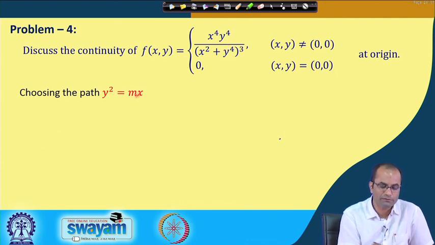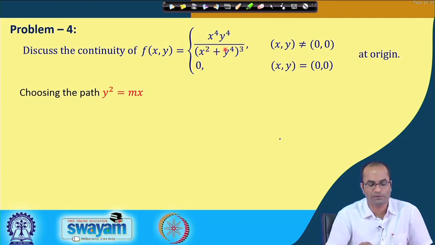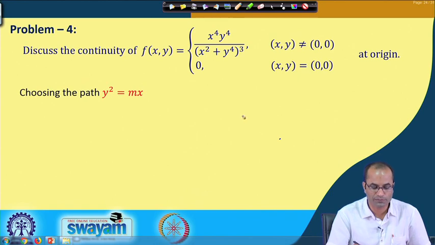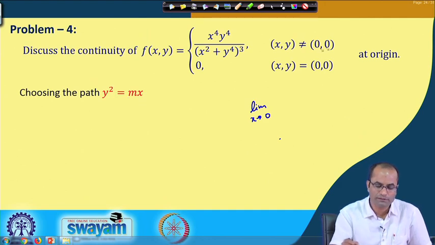So, choosing y square equal to m x, due to this y power 4 here. If y square is m x, then y power 4 is m square x square, and then we can have this x square common. So, if we substitute this y square there, then the limit x goes to 0, because this path will take us to the origin only. So, we take the limit x goes to 0, we have there x 4 and then y square whole square.